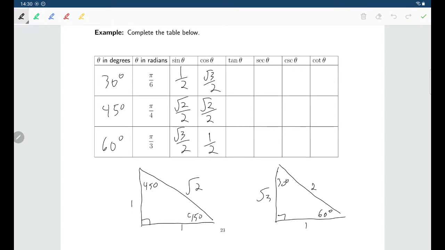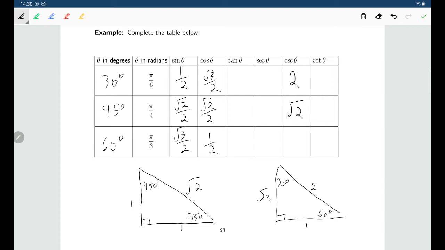So I'll do secant and cosecant, just using the fact that I know that the reciprocal of sine is cosecant. So that means that if sine of 30 degrees is 1/2, cosecant of 30 degrees is 2 over 1, which is just 2. Sine of 45 degrees was 1 over root 2, so that means cosecant of 45 degrees should be root 2 over 1, which in simplest terms is root 2.